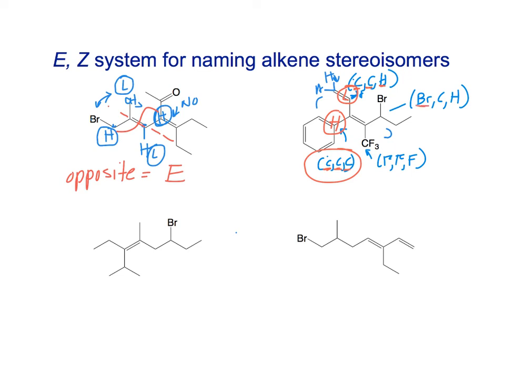First atom, because we've listed them in descending atomic number. Bromine versus fluorine. Bromine has a higher atomic number, so this is high, this is low. So again, we draw the line down the middle. The high groups are on opposite sides, so this molecule is E as well.